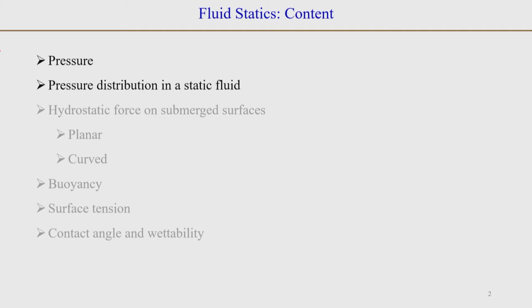Then we will look at fluid-fluid interfaces, capillarity effect, surface tension between two fluids, and when there is 3-point contact, solid, gas, liquid, or solid, liquid, immiscible liquid on a solid surface, then the concept of contact angle and wettability. So, in today's lecture we will look at pressure and pressure distribution in a static fluid.